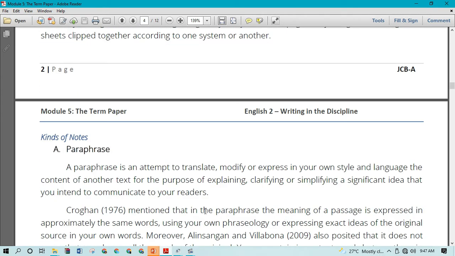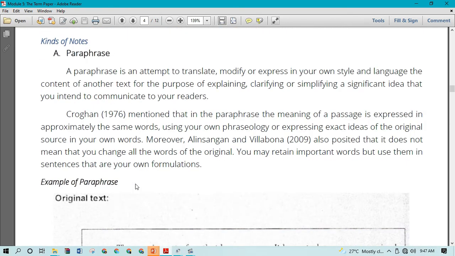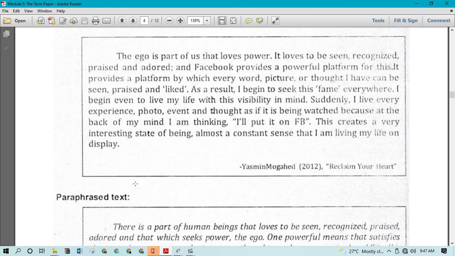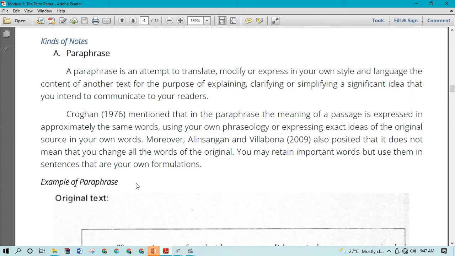There are kinds of notes that you may do: paraphrasing and summarizing. Paraphrasing is an attempt to translate, modify, or express in your own style and language the content of another text for the purpose of explaining, clarifying, or simplifying a significant idea that you intend to communicate to your readers.